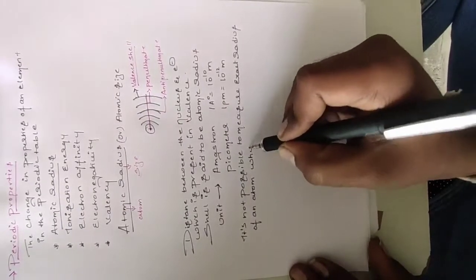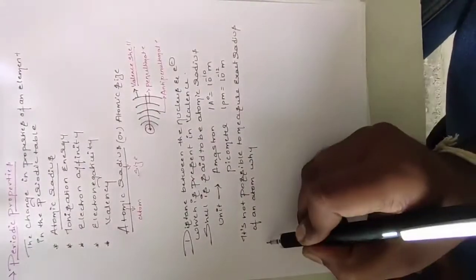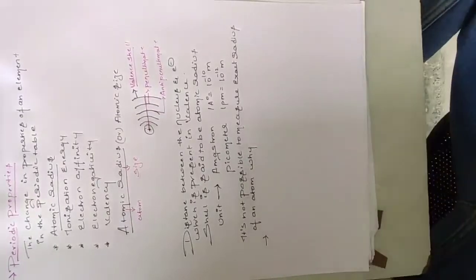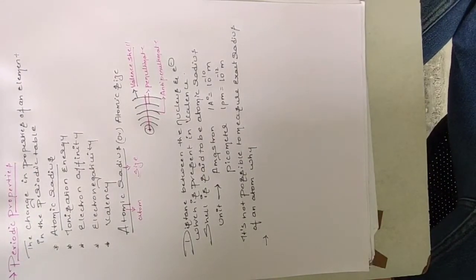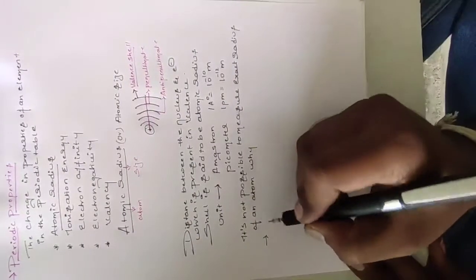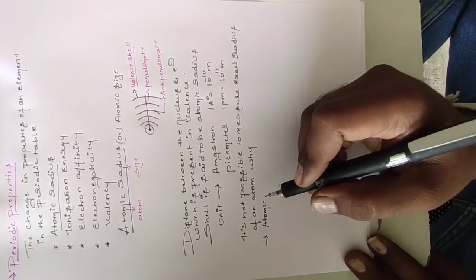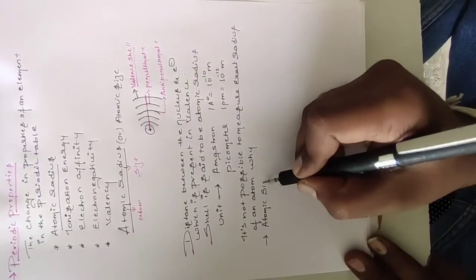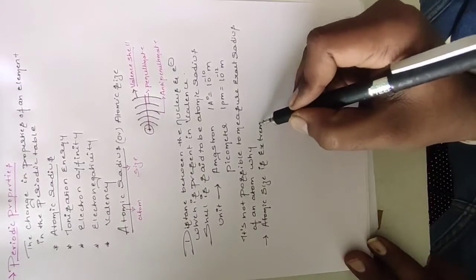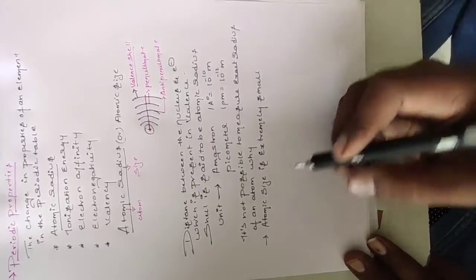Why can we not measure the exact radius of the atom? First, the atomic size is extremely small. Some like hydrogen, it is 1s1, helium 1s2, lithium. Okay, like that, atomic size is extremely small. We'll write the first point, why we cannot measure the exact atomic radius: because the atomic size is extremely small.